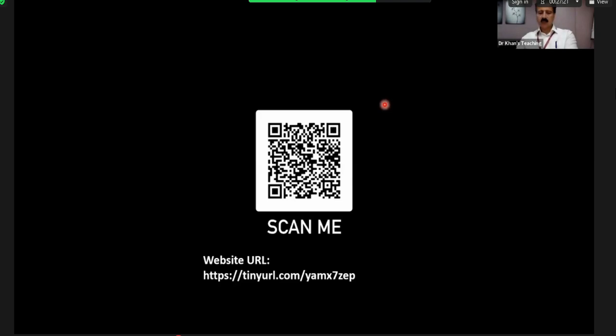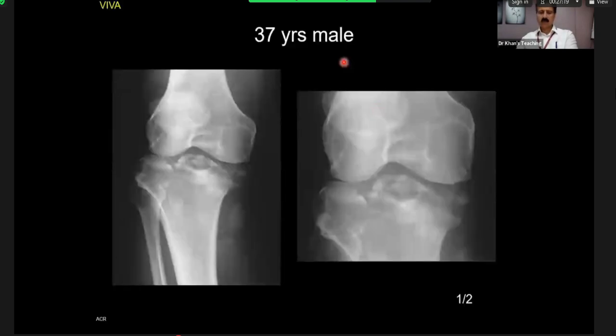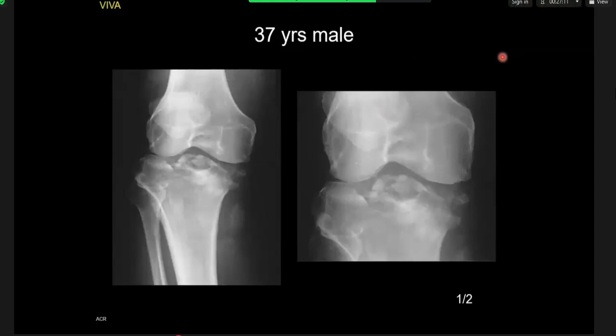Yep. So now, what do you think is happening? Over to you. So this is a radiograph of a knee in a 37-year-old male patient.